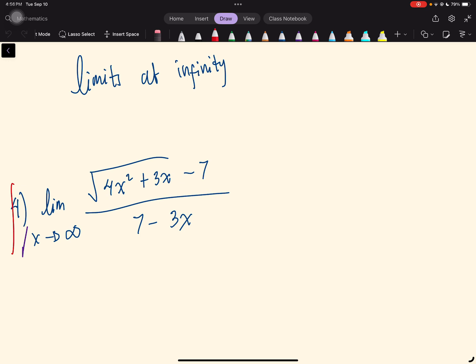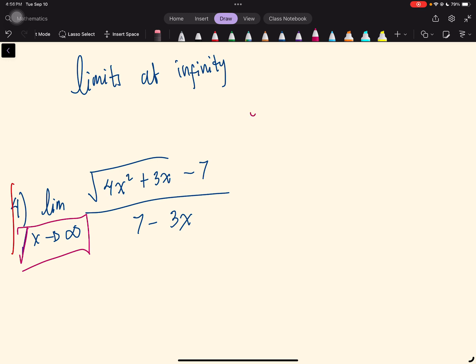So, the standard way of solving such problem when we see x approaching infinity is that we're gonna divide all of them by the highest degree.